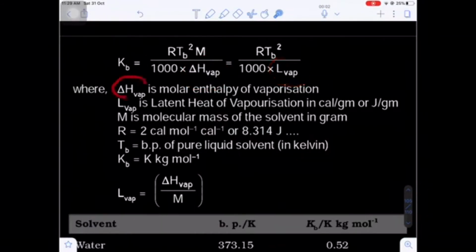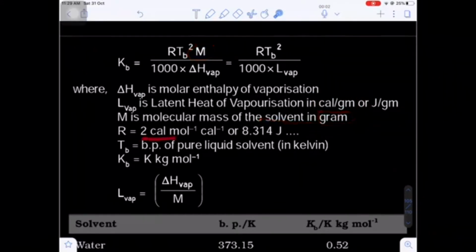Now the enthalpy of vaporization, delta H vap, and the latent heat of vaporization, L vap, will be expressed in calorie per gram or joule per gram, and M is the molar mass of the solvent in grams. Yes or no?